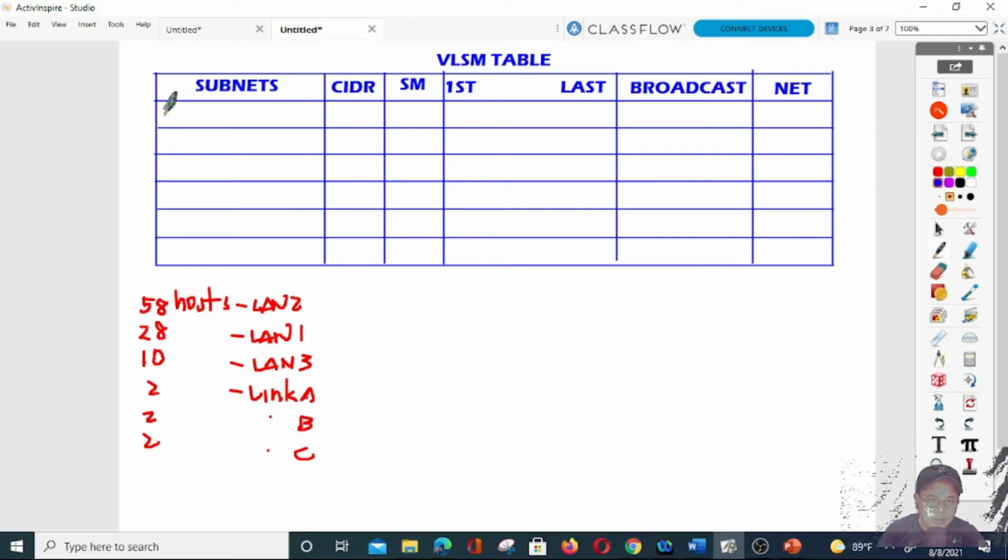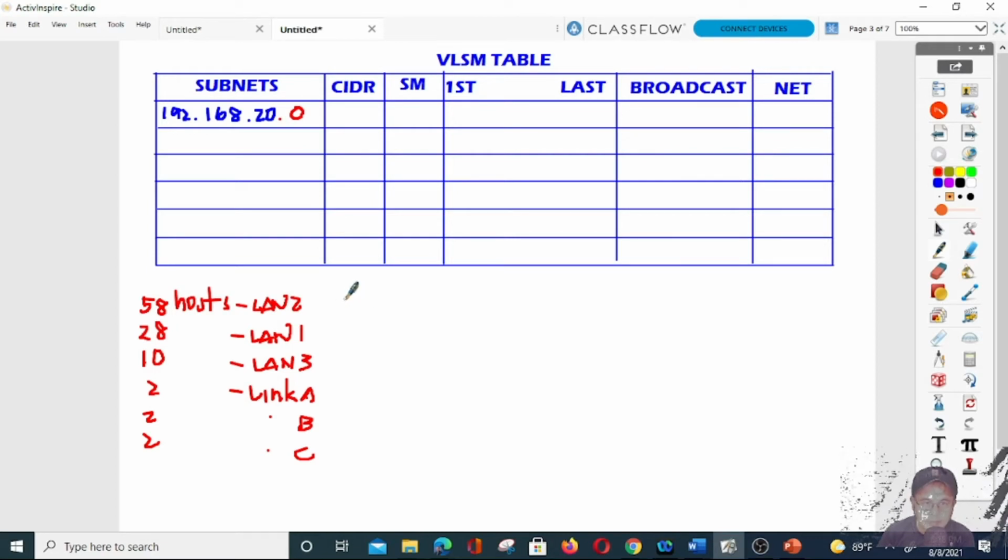So the original IP is 192.168.20.0. That is the original. Now, applying the VLSM, the first step is to find the highest number of hosts, so 58.